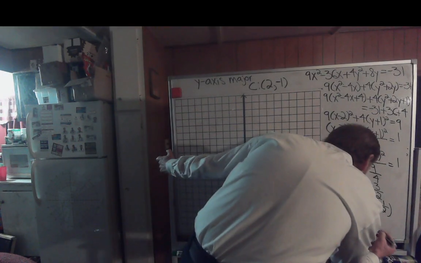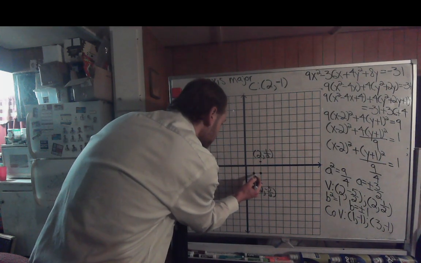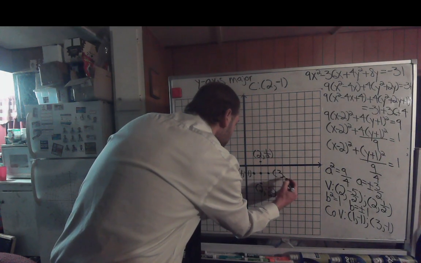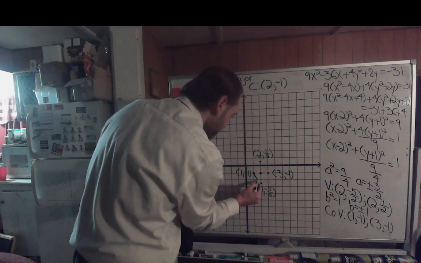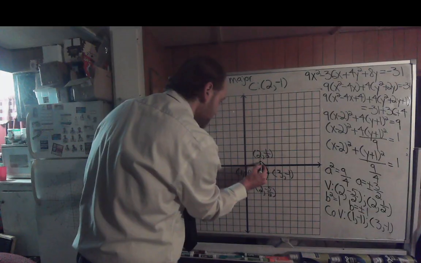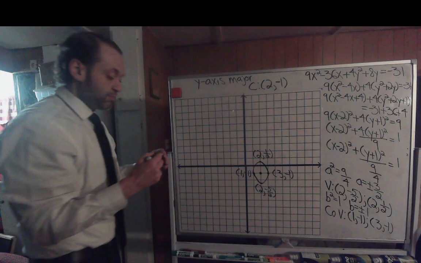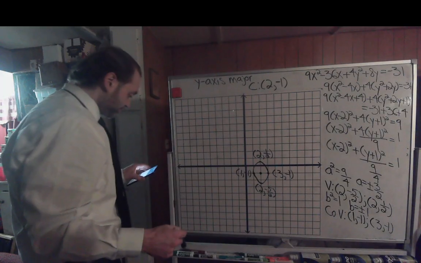And then take 2 plus 1, you'll also get another co-vertex at (3, -1). So here's (1, -1). And then you also have (3, -1). At this point, we can draw the shape of this ellipse. So there's a very small ellipse right there with the center at (2, -1).